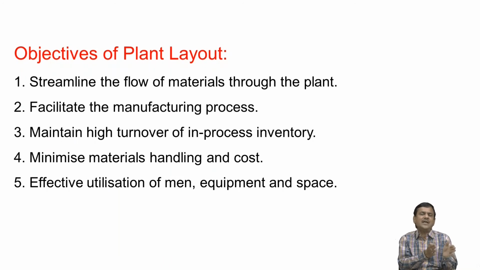And if the appropriate arrangement is made, then automatically the process of manufacturing will run smoothly. Maintain high turnover of in-process inventory. The inventory is very important from the production perspective, and there should be proper maintenance and appropriate turnover of that inventory.